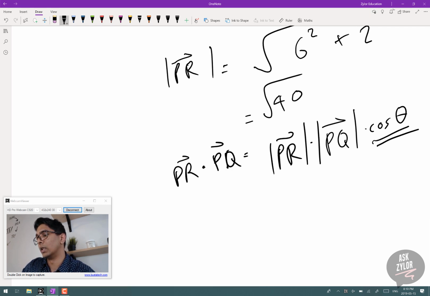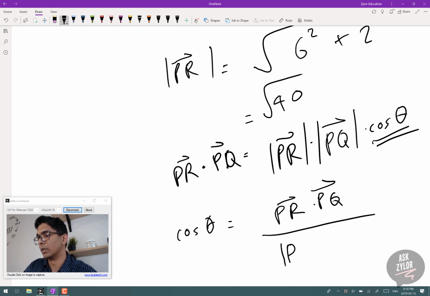Right? So we are interested in the angle only, so we're going to isolate for that angle. So cos theta is equal to PR dot PQ divided by the two magnitudes multiplied with each other.